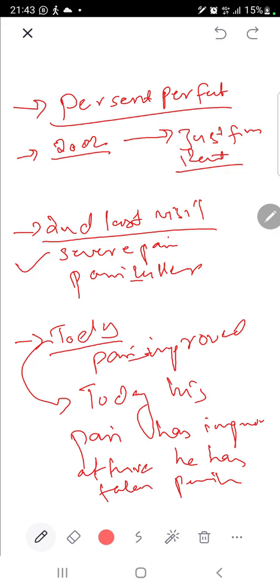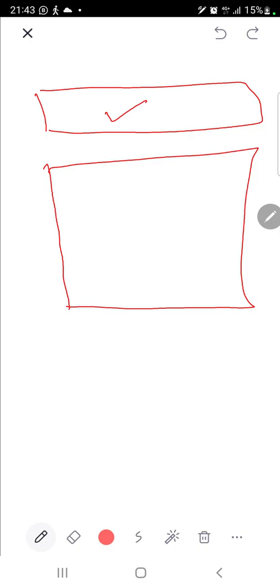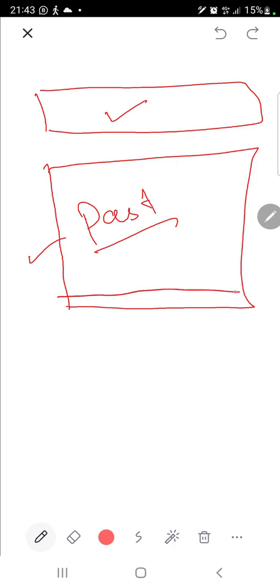To make it simpler and clearer, let's say this is your introduction. Which tense we use in the introduction, we'll discuss later on. This is the body. Which tense we use in the body, we'll discuss later on, but mostly it's the past form of the tense. We can categorize the body, so we'll discuss that later. In the body, the last part is your today visit.